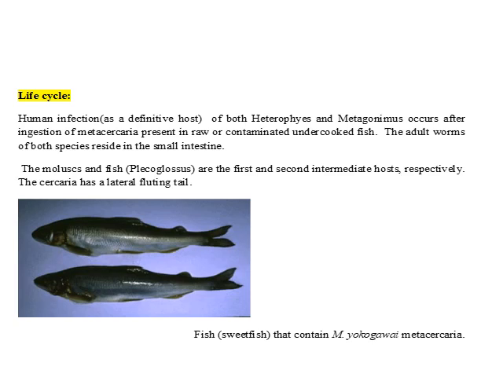After ingestion, the infection can occur. The adult worms of both species reside in the small intestine, in our GI, the general region especially. The mollusks and fish are the first and second intermediate hosts, respectively. Now the cercaria has a lateral floating tail.